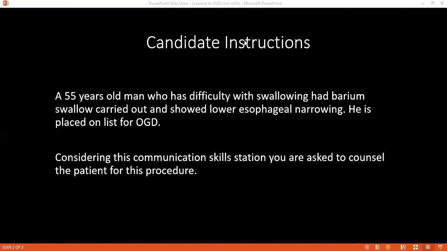Yes, it's clear. So during this operation, am I awake, or do you give me some medication to make me more comfortable? Yes, that's a good question. This procedure or investigation is a day case surgery.